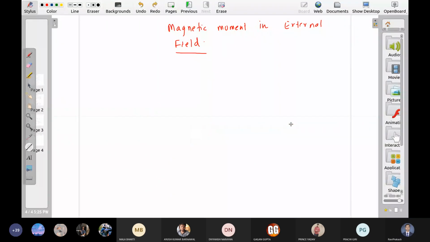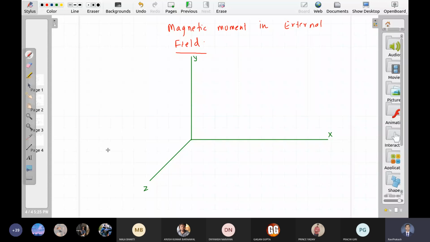X-axis, Y-axis, Z-axis. Okay. So let me consider some orbit, and let me use a rectangular orbit so that we can do the calculations quite easily. And the orbit looks like this.